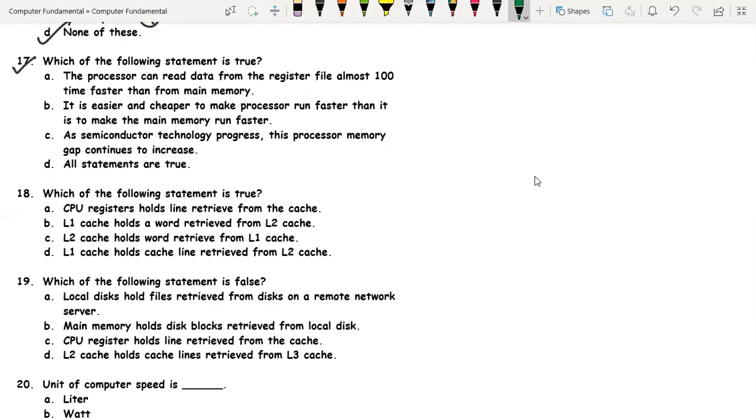This statement is true. This statement is true. This statement is true. Finally, all the statements are true. Just see the slide.